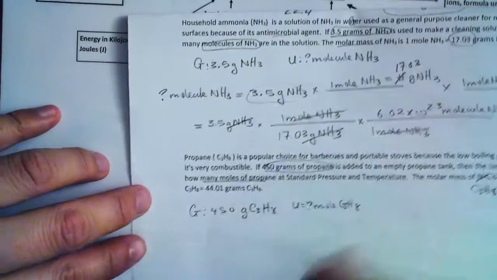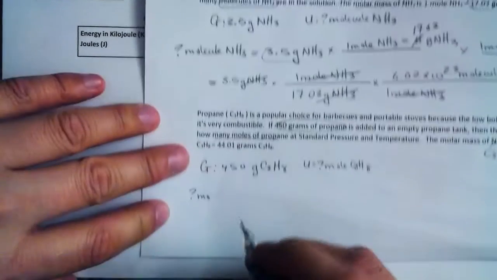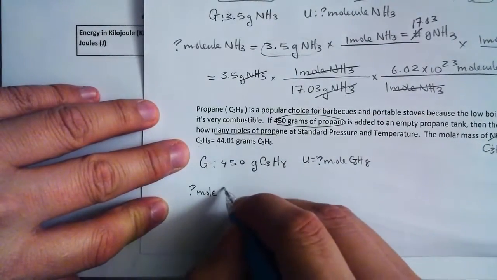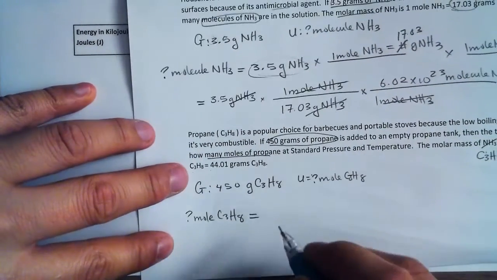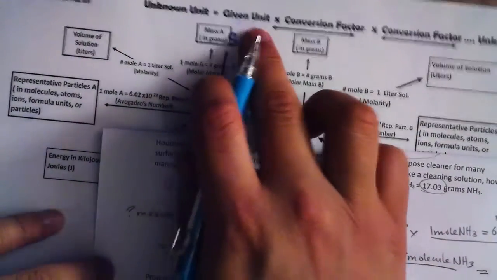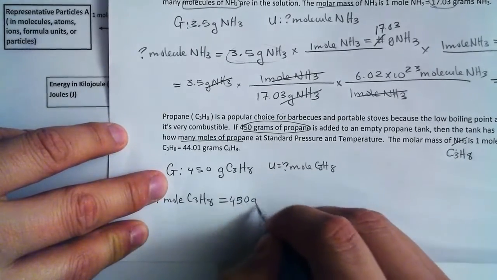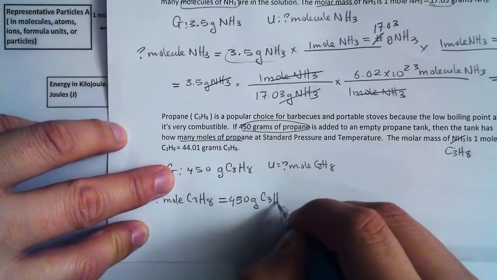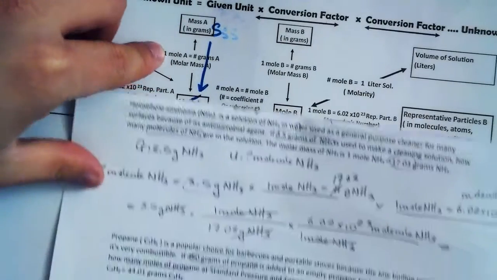In this case, let's set up a flowchart, starting with identifying what we are looking for, which is mole of C3H8, okay? We start, again, with our given measurement right there, which in this case is 450 grams of C3H8 times the conversion factor, which is that one right there, isn't it? Going down, that's the only one.